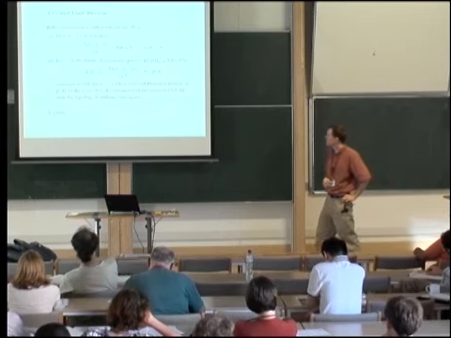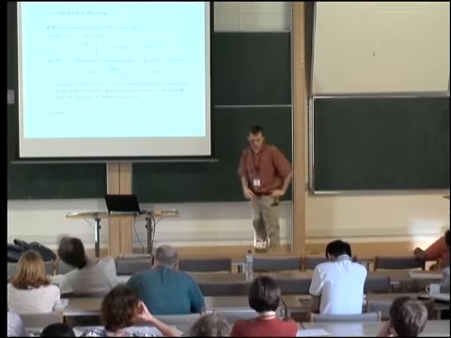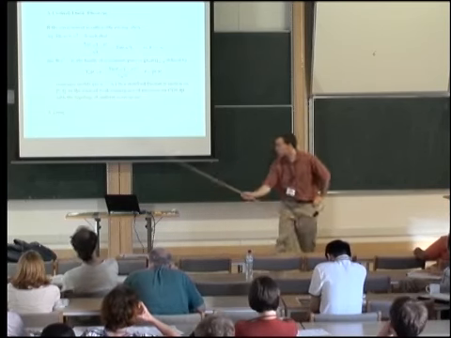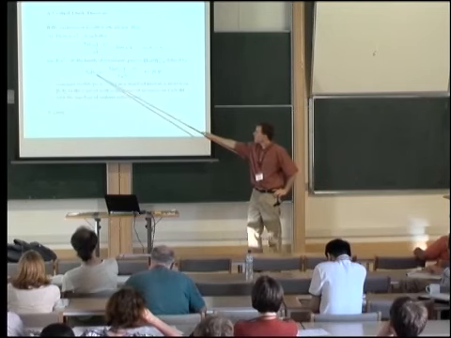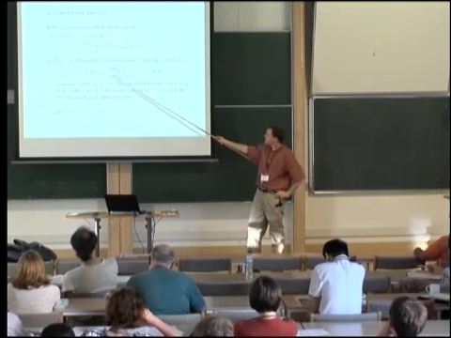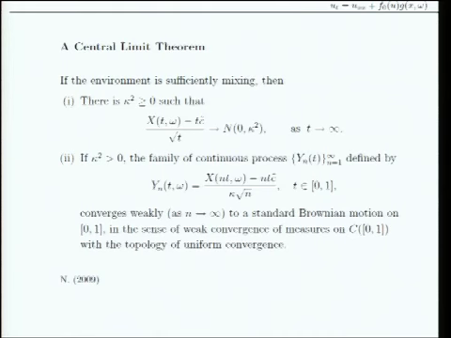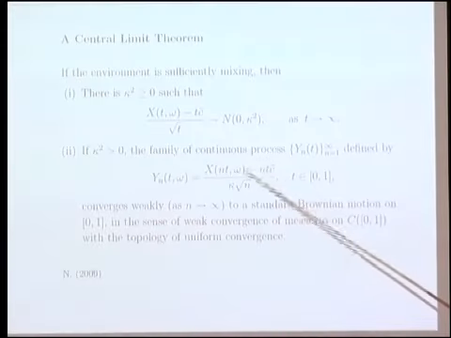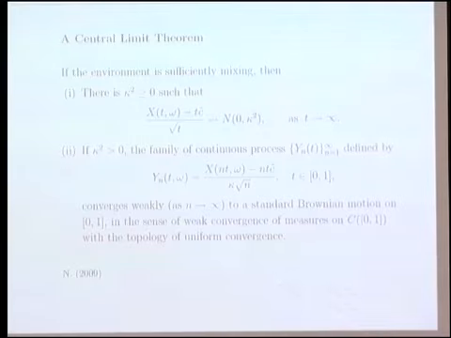So this is a y here. This is a continuous process in t. For each n, we have a continuous process in t, which is just the interface normalized by the mean, and then subtract the mean and normalize it. And you could show that this process converges weakly to a standard Brownian motion.